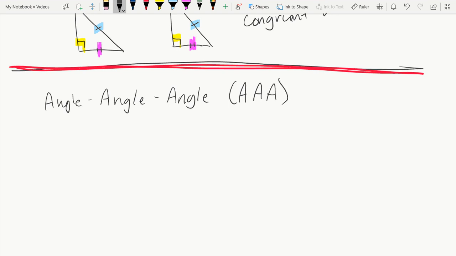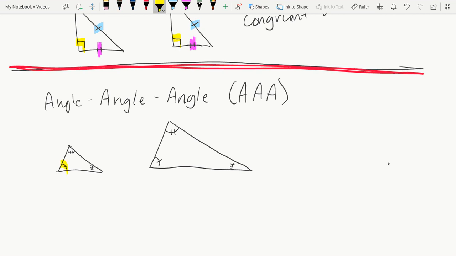All right. So let's say I've got two. Now, I could have two triangles with all three angles the same. This is totally possible, guys. That I could have two triangles with three angles the same that are not congruent.